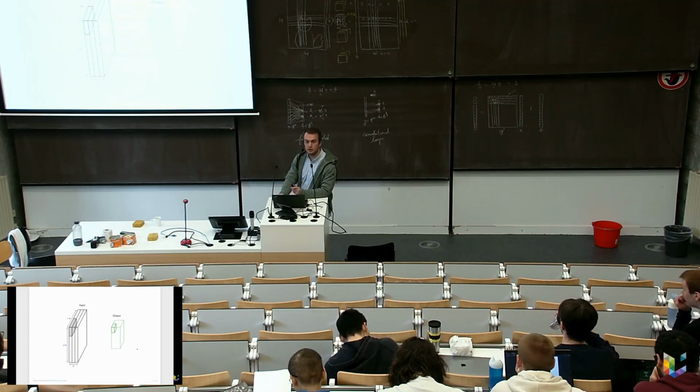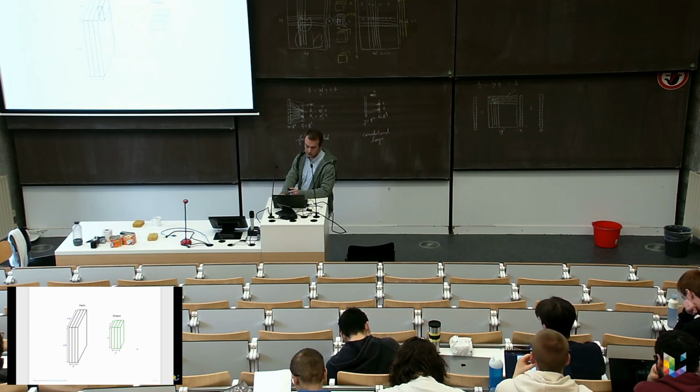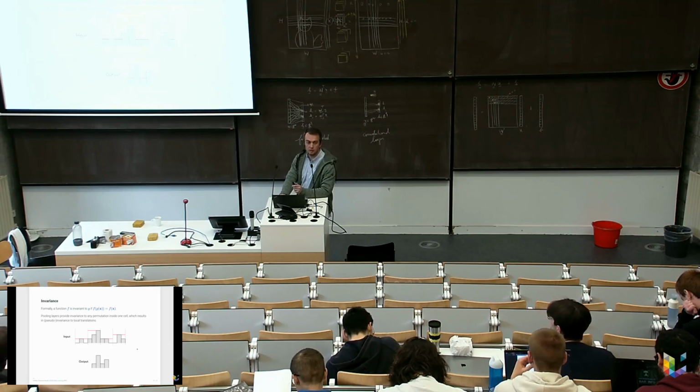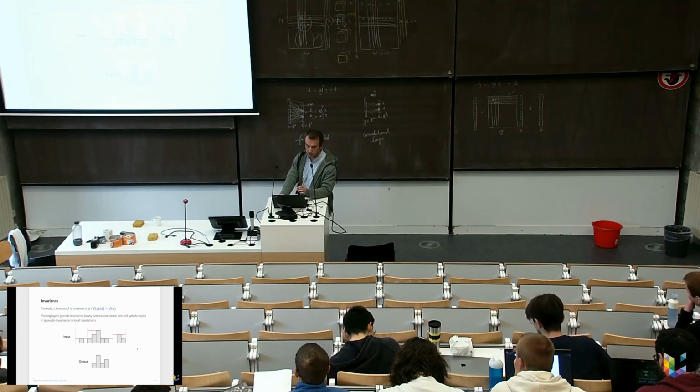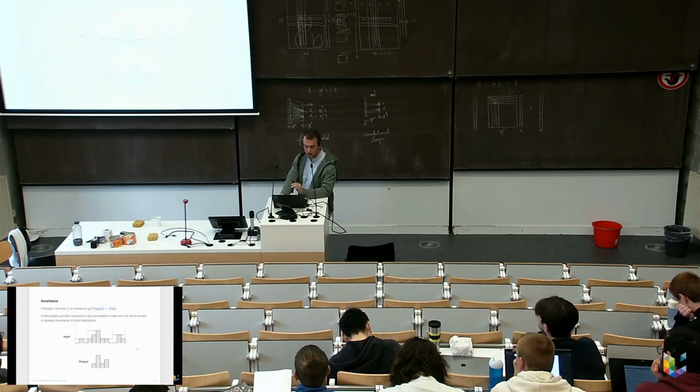Okay, so why do we care? Why is this interesting, other than just reducing the dimension of the input? Because one of the properties that you get by doing pooling is invariance. So we saw before that with a convolution, you get equivariance to translation. With a pooling layer, you will get, at least locally, permutation invariance.